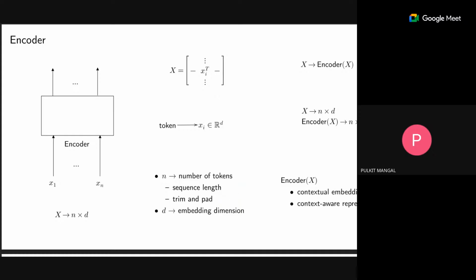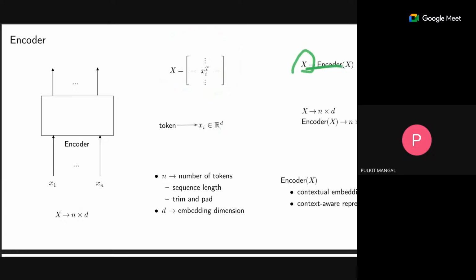So after all the essential pre-processing steps, whatever the sequence length or number of tokens that remain, that's your n. d is the dimension of your token, and that will be stacked row wise. So n cross d: you have n sequence length, and each of your tokens is of d dimension. That's your matrix X.